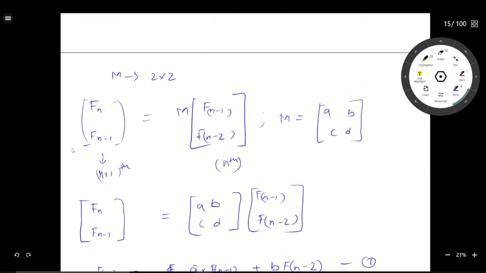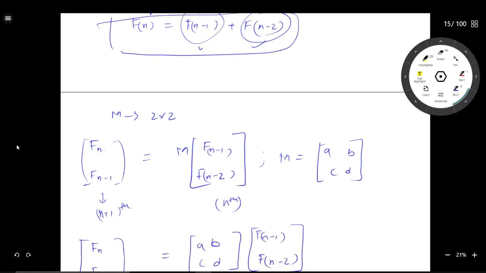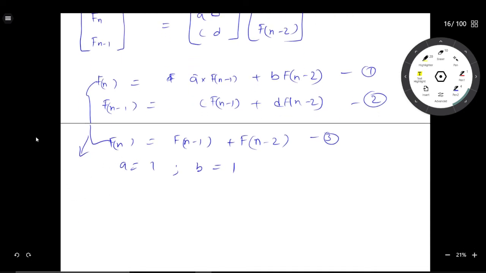We also have this formula, f(n) = f(n-1) + f(n-2), third. From equations first and third we get a = 1, b = 1.